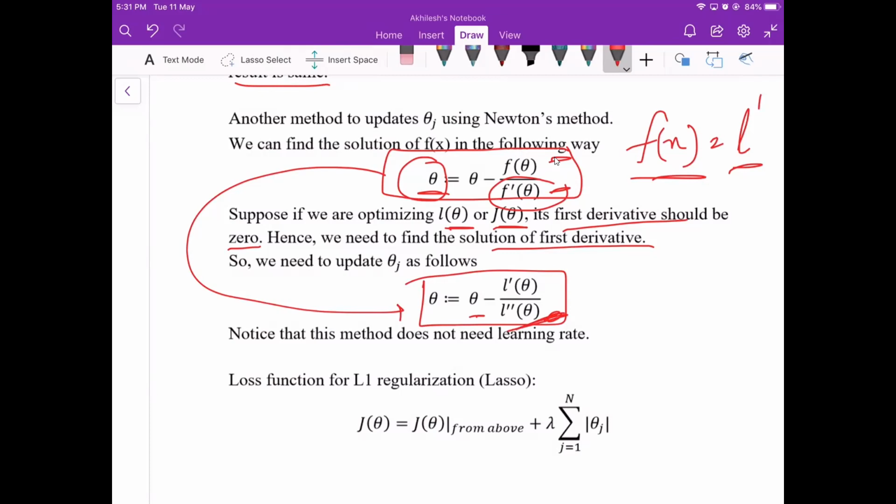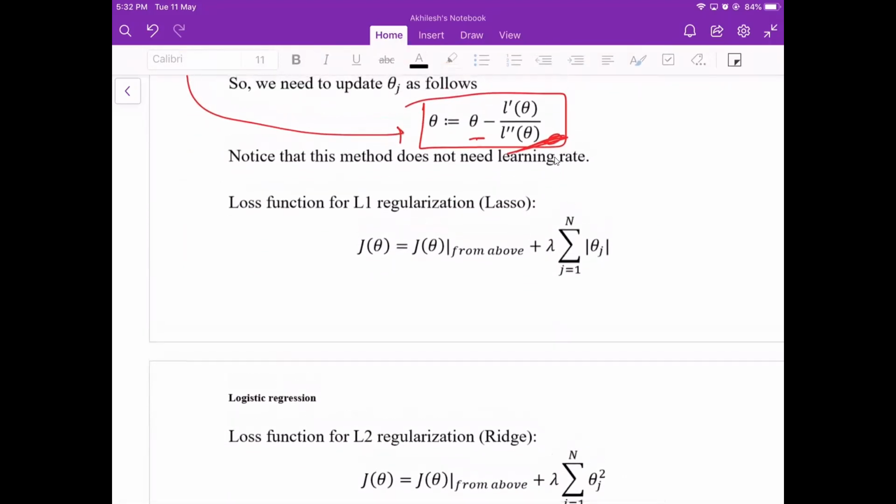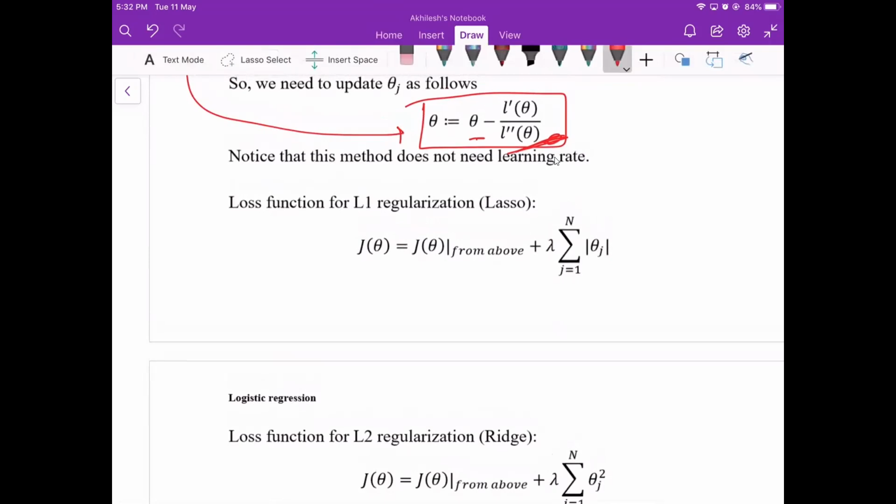Okay, so same as in linear regression, here also we have regularization, L1 and L2 regularization. In L1 regularization we add the absolute value of the coefficients multiplied by another constant.